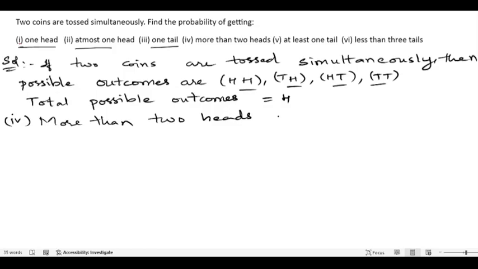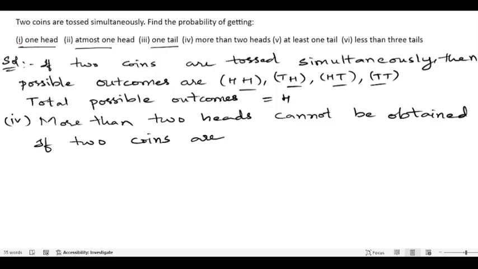So more than 2 heads cannot be obtained, because if 2 coins are tossed, therefore number of success is equal to 0.